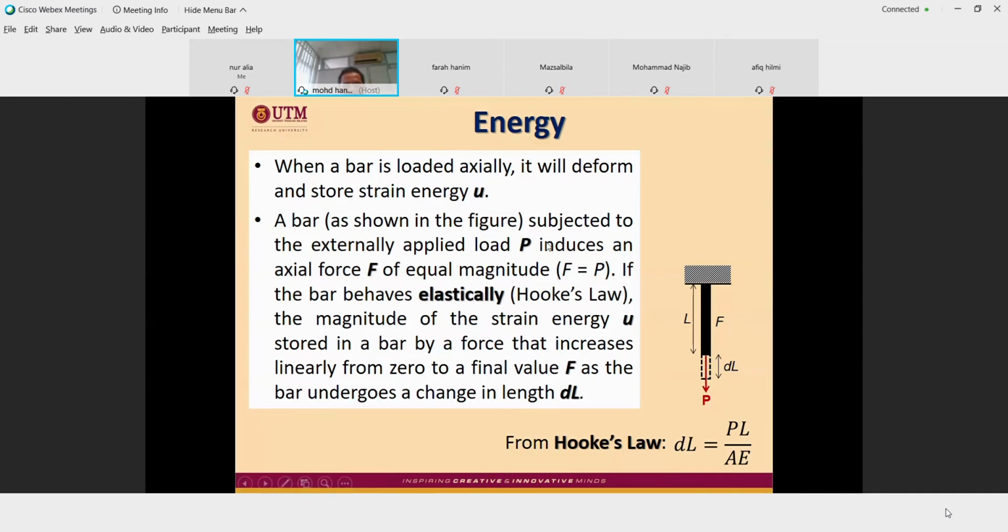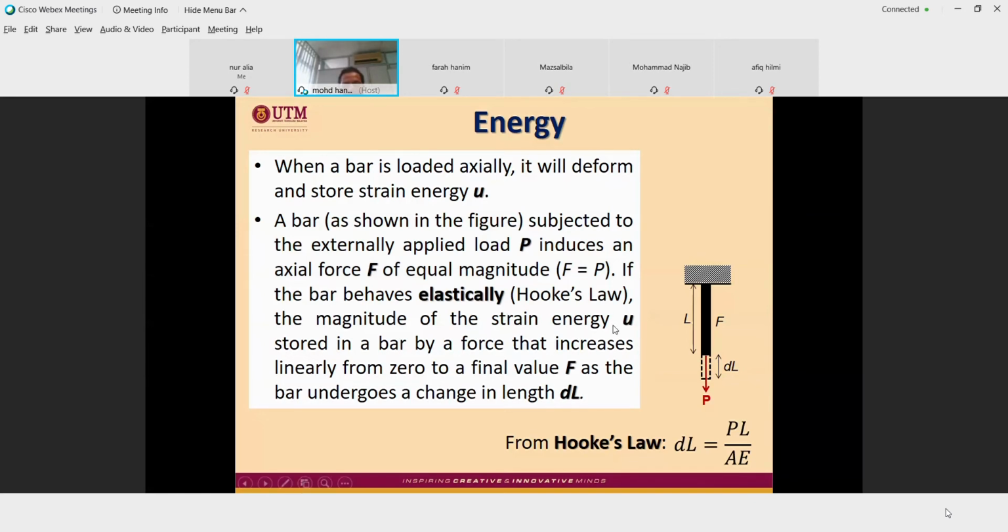Okay. If the bar behaves elastically, because every material follows Hooke's law, our ideal condition or idealization in structural analysis is that all materials follow Hooke's law. That means it is elastic, whether it is steel or concrete or whatever metal, it follows Hooke's law.